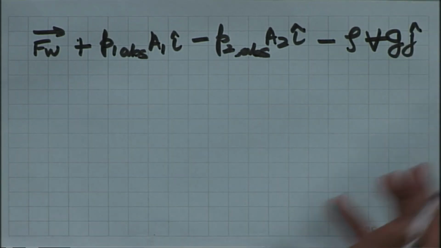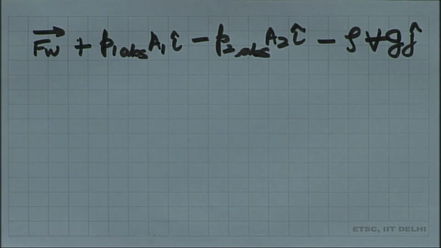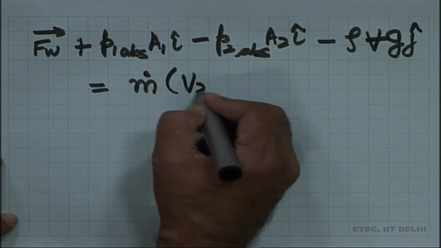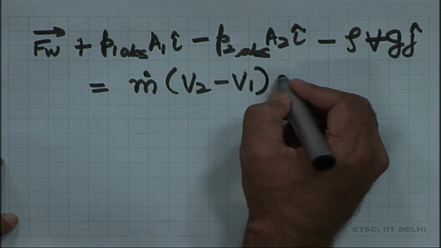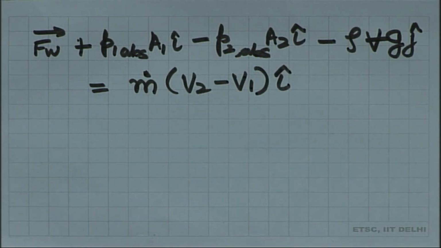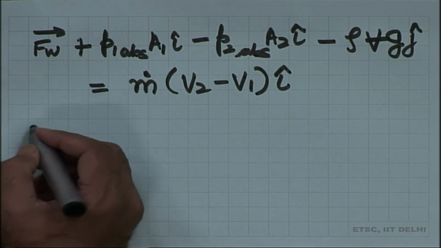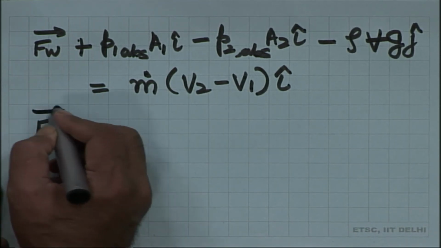These are all the external forces on this alternate control volume. This will be equal to m dot times V2 minus V1 along the i direction, and from here you will be able to get Fw.